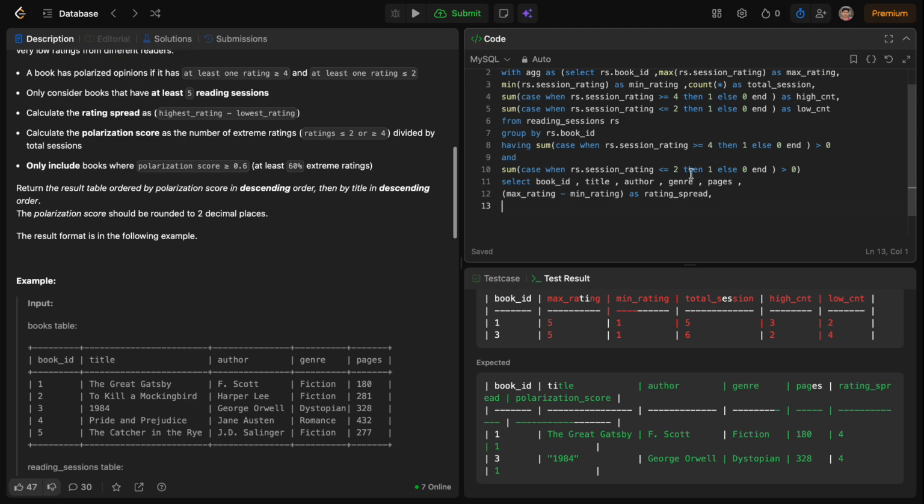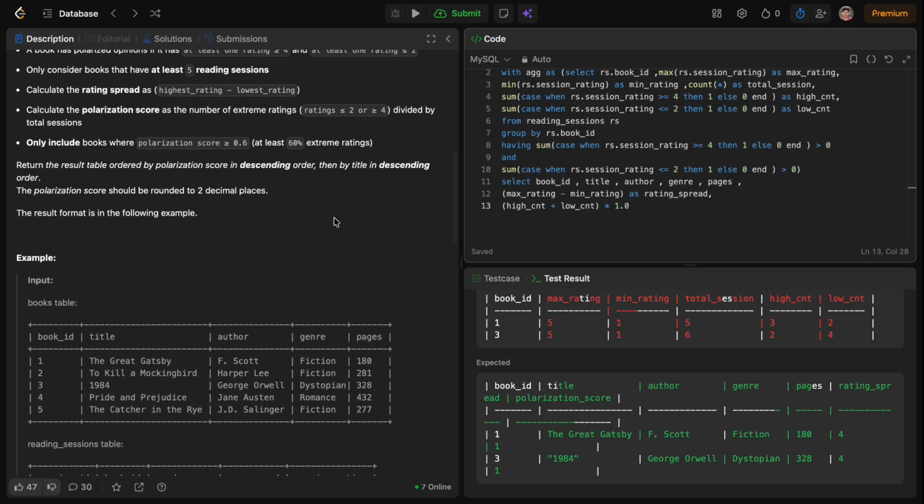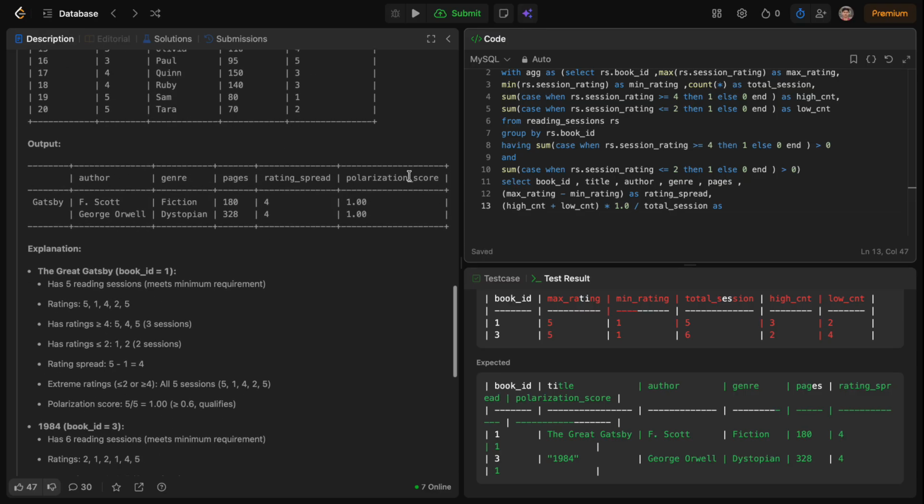So the polarization score is highest count plus lowest count, multiplied by 1.0 to make the value decimal, divided by total session as polarization score, from the aggregate table.